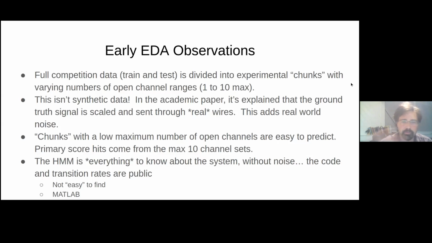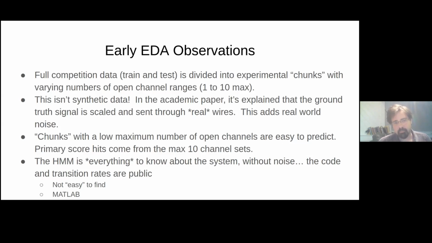And those systems that we're measuring, or really simulating, correspond to having a total number of ion channels between 1 and 10 max.